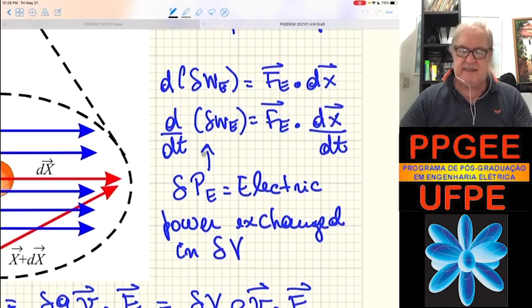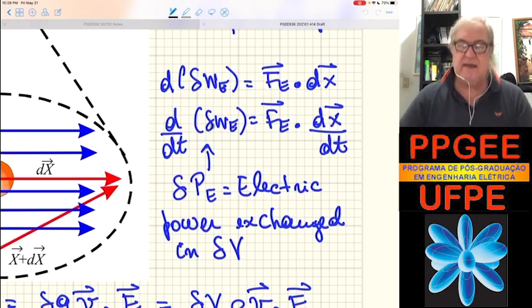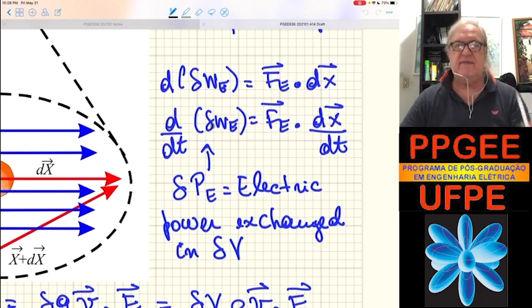So that means this is the energy in the volume at the rate which is the d/dt of that energy, which is the power exchanged between field and carriers. We're not saying that power is being dissipated. We are saying the correct word is power exchange, energy exchange, at the rate delta PE, which is only due to the volume delta V. Okay?